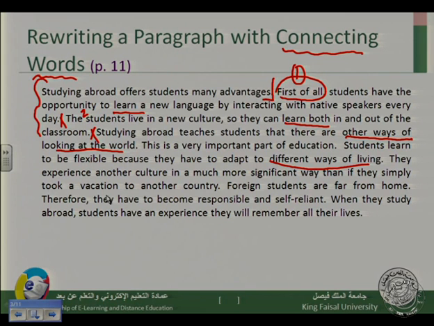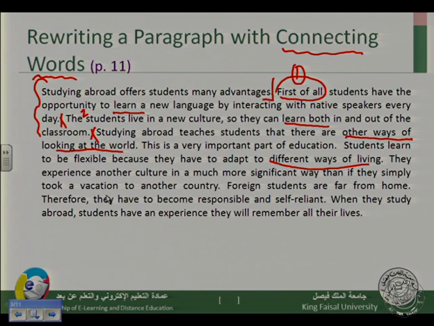Now, we want to use the same paragraph. Now, this paragraph, of course, can be found on page 11, like I mentioned before. But there is an exercise on page 10, but the title is Using Connecting Words in Addition and Also. You could take a look at that.